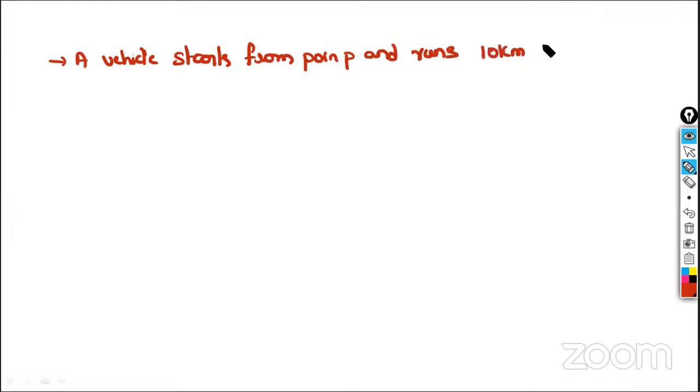Now note down the question. A vehicle starts from point P and runs 10 kilometers towards north.